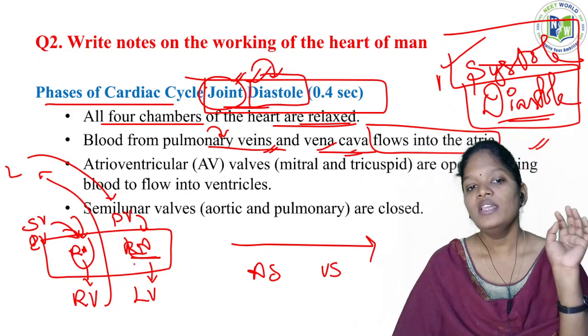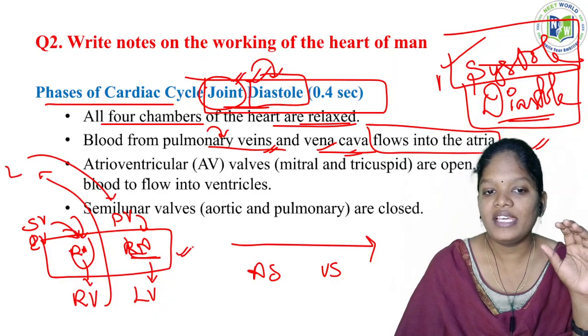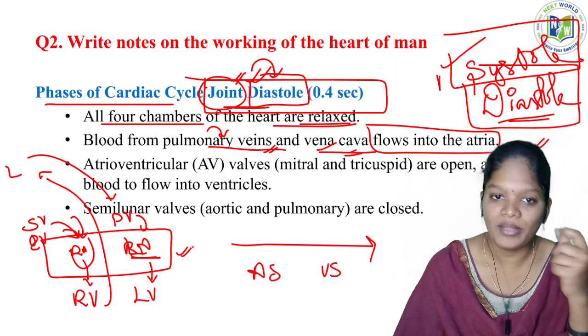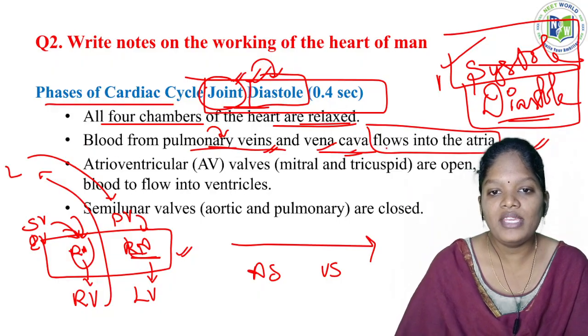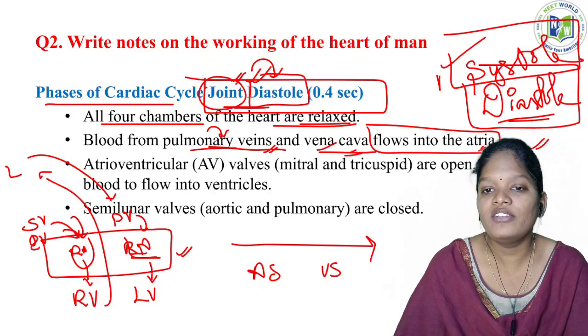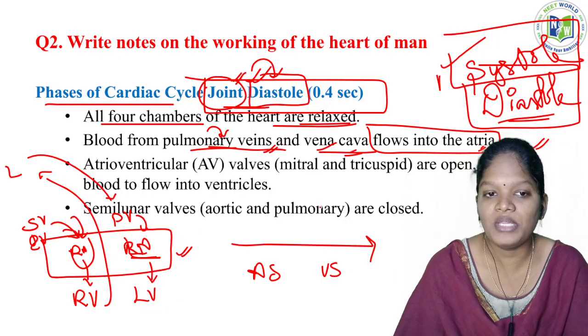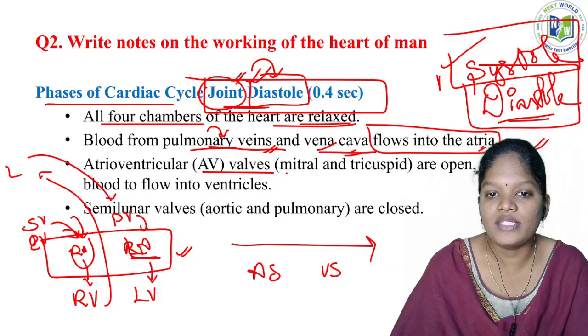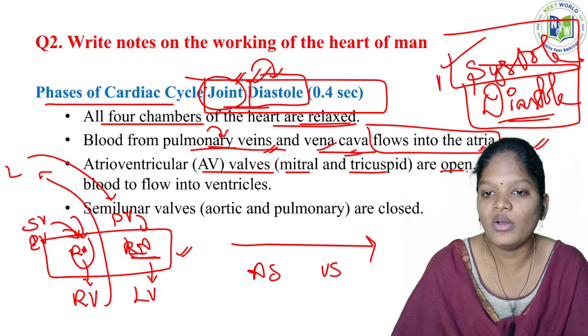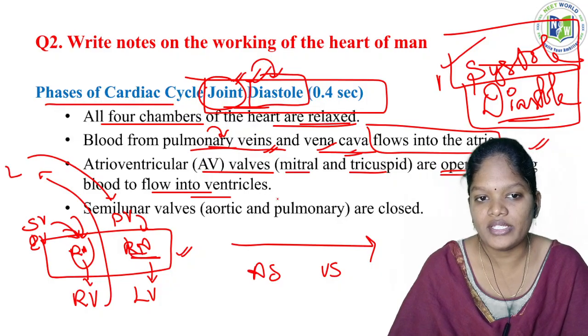This is the meaning of it. Now, the atrioventricular valves, mitral and tricuspid, are open, allowing the blood to flow into the ventricles.